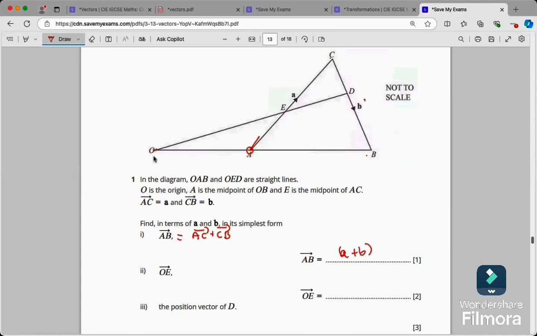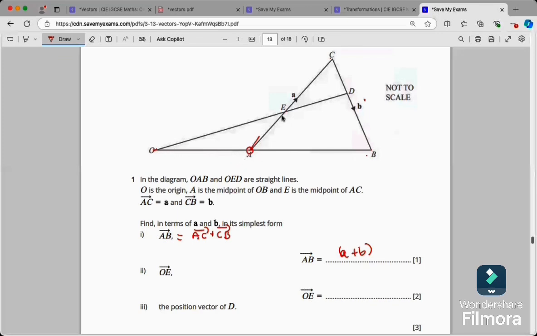Now OE, so O to E, right? If A is the midpoint of OB, whatever you get for AB should be what you get for OA.